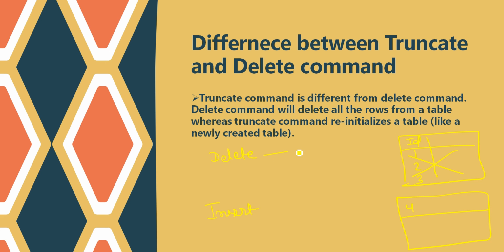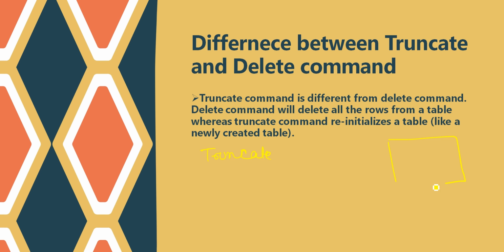Because we have just deleted the records. We haven't changed the structure of the table, we haven't changed anything. It is the same table, but with new values, right? So whatever the last value was, the new value would be the increment of 1. So this is the case when we apply delete. But what does the truncate command do? Truncate will delete all the records.